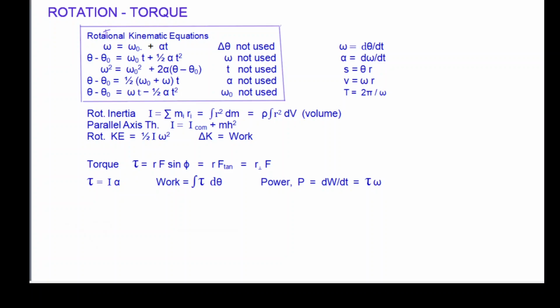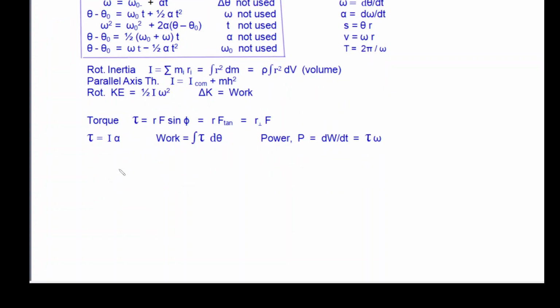Let's talk about rotational kinetic energy and work. We know that a change in kinetic energy, which is equal to final kinetic energy minus initial kinetic energy, is equal to work done. And that's the work energy theorem.